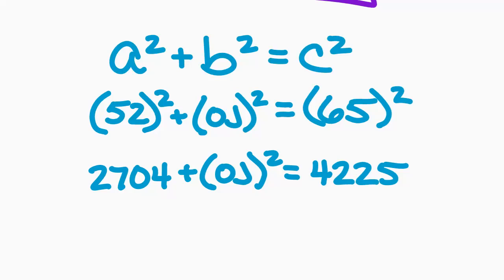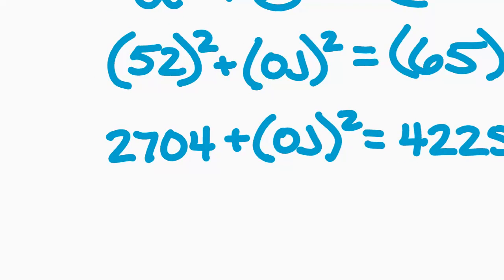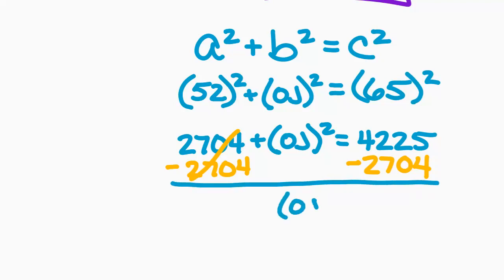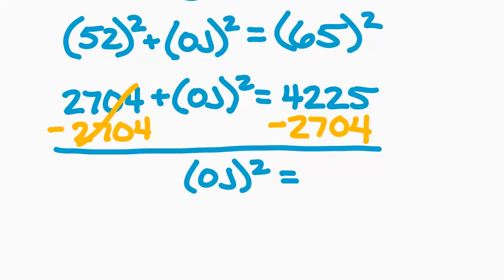So then I'm going to subtract 2704 from both sides. That gives me OJ squared equals what? What is 4225 minus 2704?